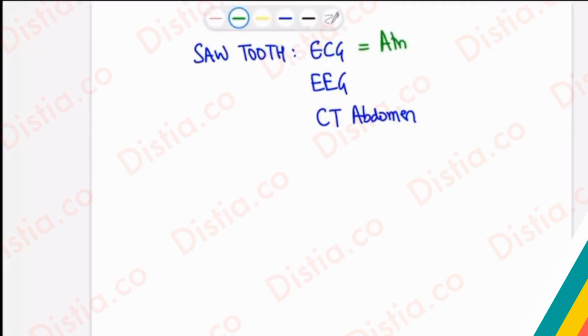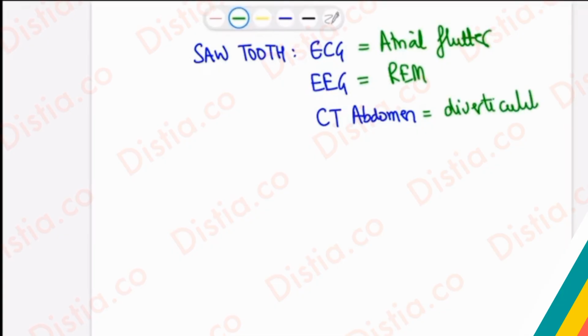Sawtooth pattern on ECG is always atrial flutter. That I know most guys can answer spot on. If he says sawtooth pattern on EEG, then your answer would be REM phase of sleep. Whereas for CT abdomen, we have just discussed it right now. It's going to be answered as diverticulitis.